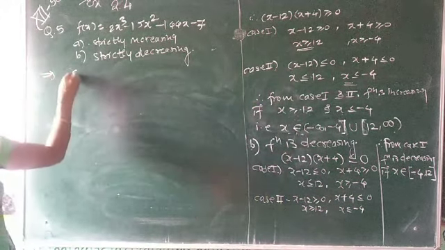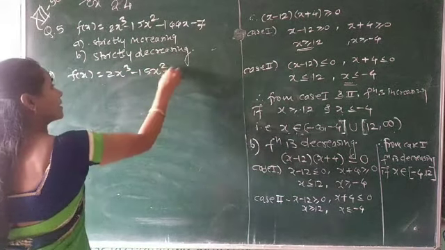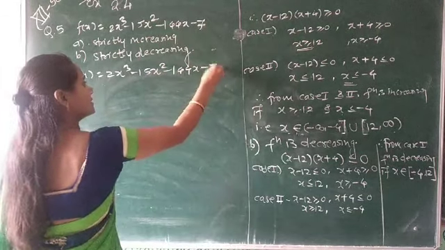See the solution. What is f of x? 2x cube minus 15x square minus 144x minus 7.